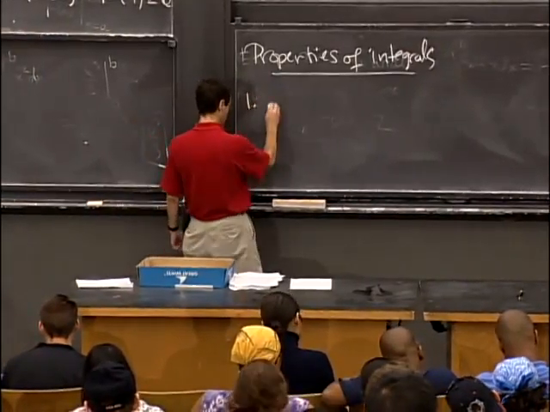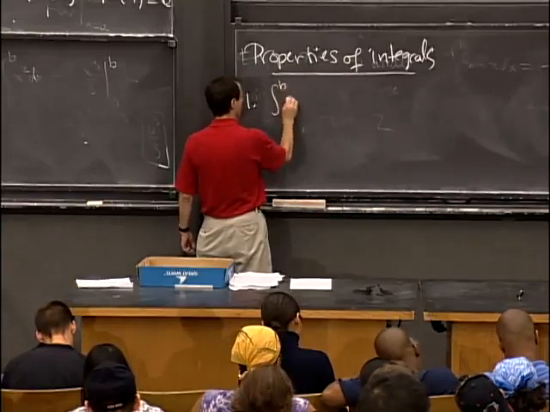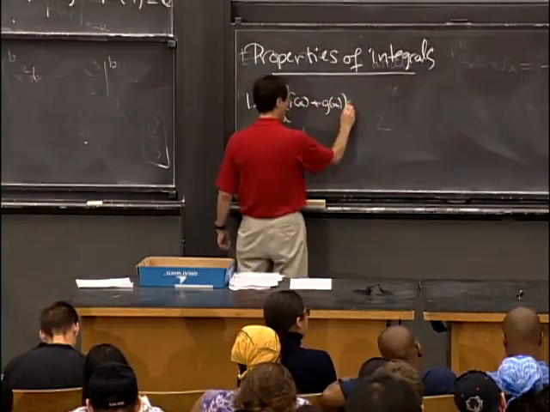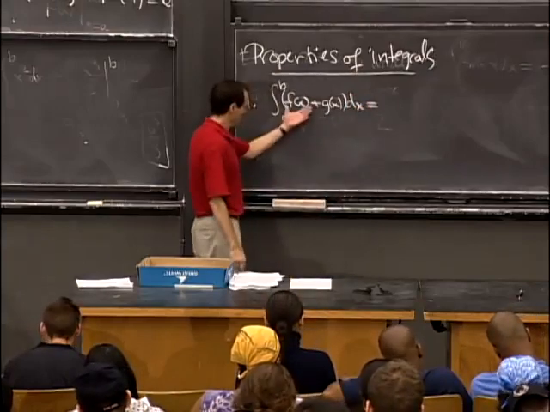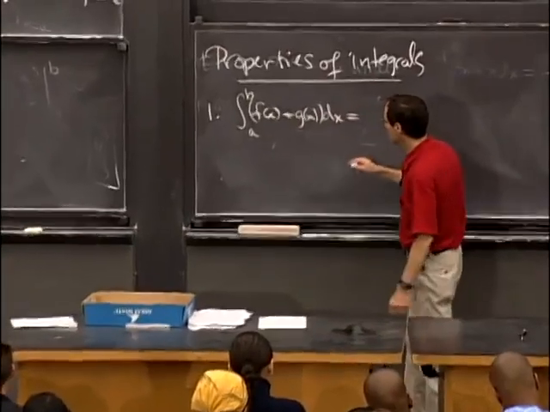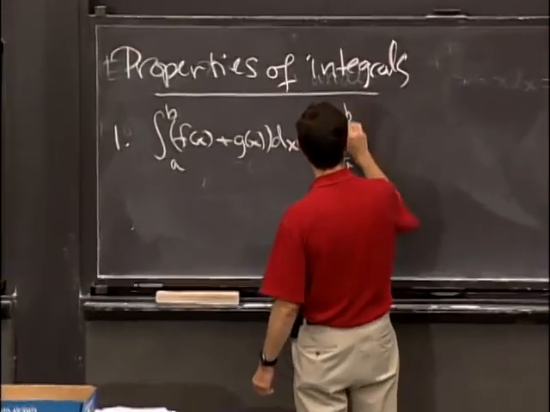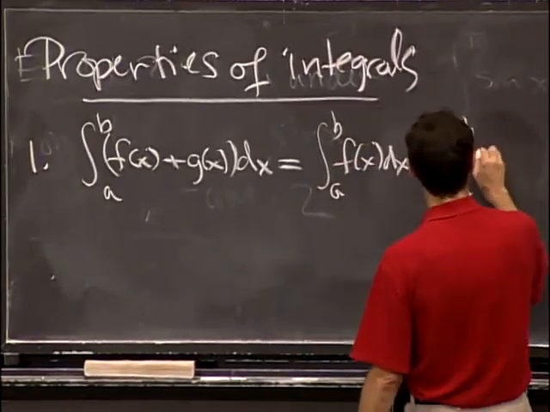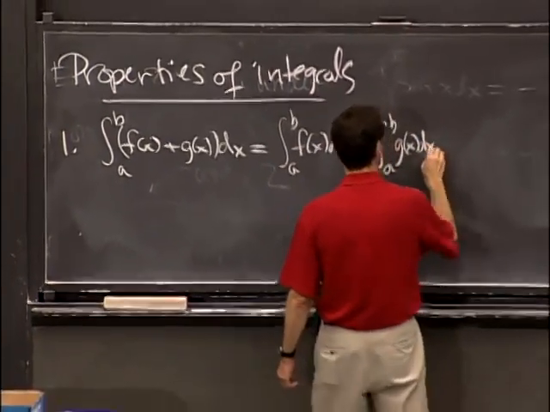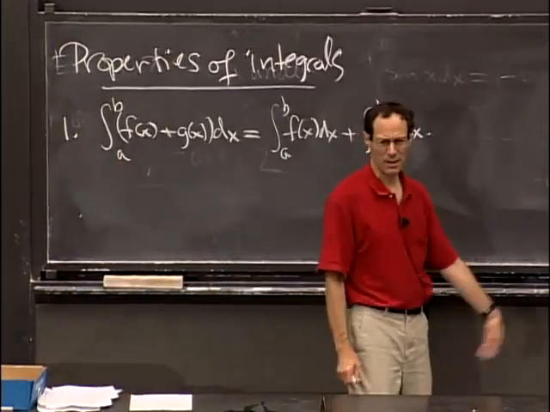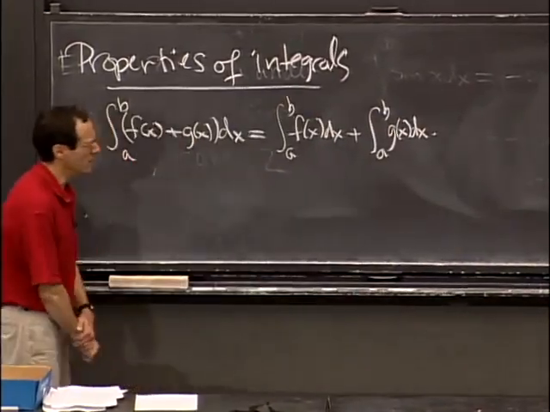The first one doesn't bear too much comment. If you take the integral of a sum, you're just going to get the sum of the separate integrals here. And I won't say much about that. That's because sums come out, because the integral is a sum.